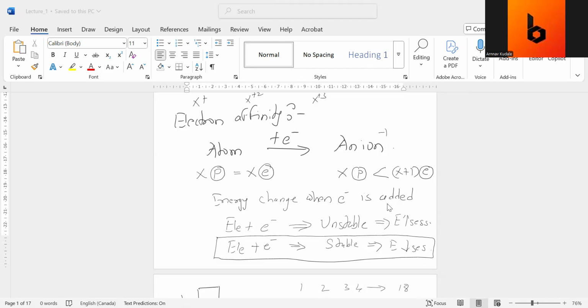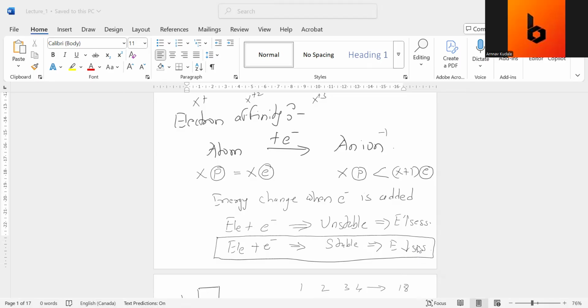When we say energy is more or energy is less, that means we are talking about stability and instability. So basically, when you are adding an electron to an element, and it is becoming unstable, that means the energy is increasing. And if you add an electron to it and it is becoming stable, that means the energy is decreasing.